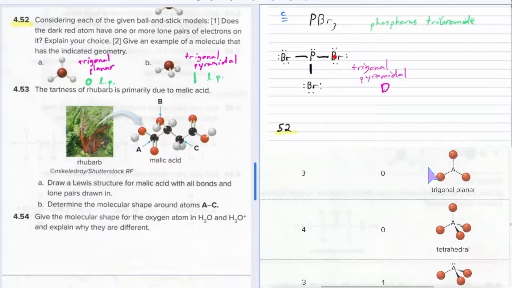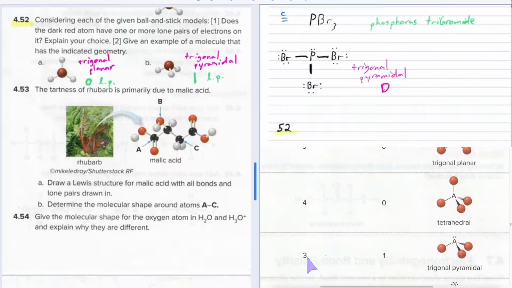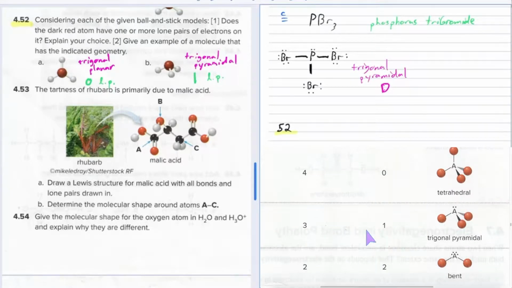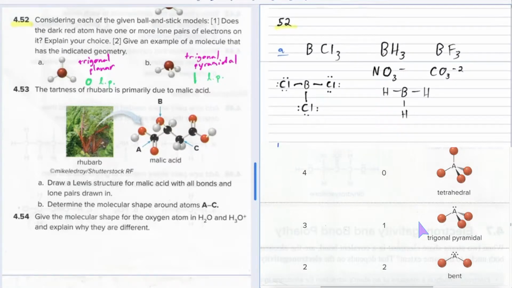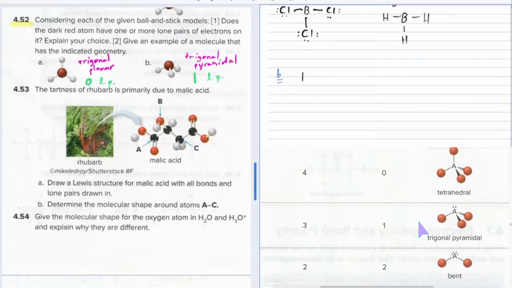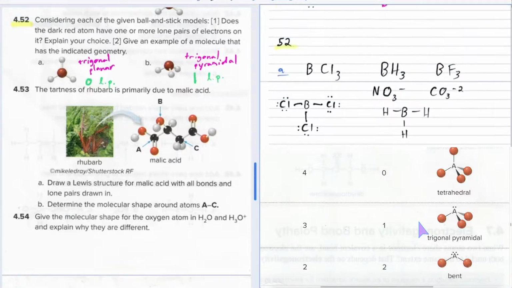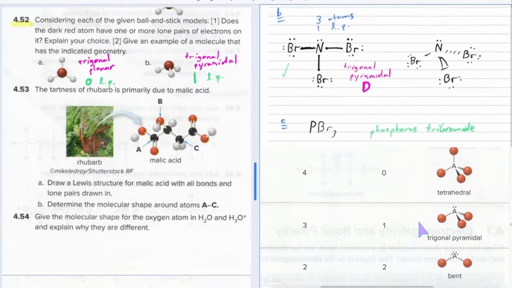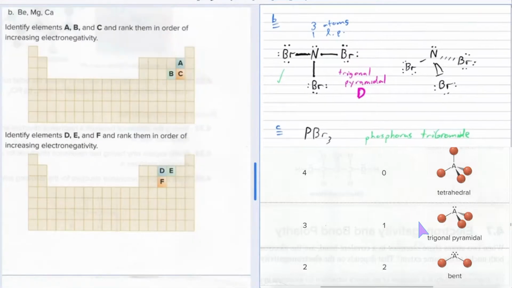You got central phosphorus, 3 atoms, 1 lone pair. So look for 3, 1. 3 atoms, 1 lone pair, that's trigonal pyramidal. So for part B, we'll list the one that we saw in problem 48, phosphorus tribromide, and then there was also another one in problem 48, nitrogen tribromide.